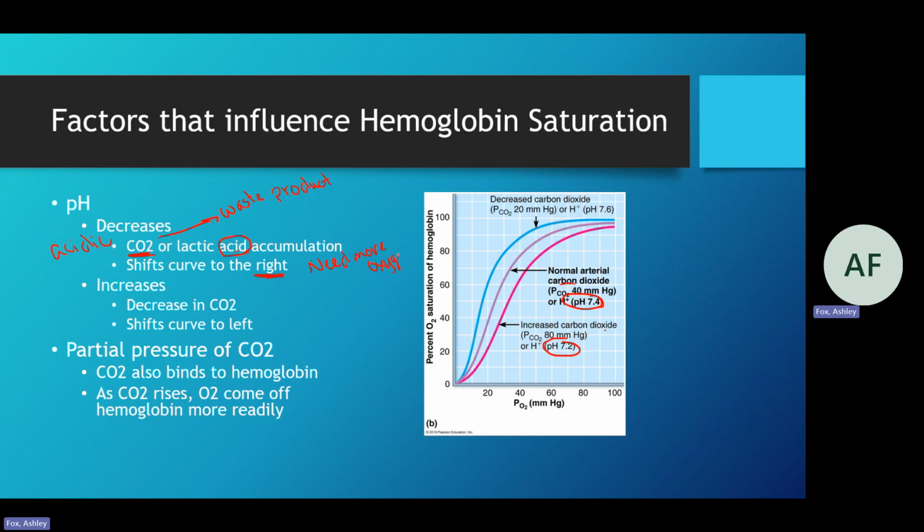So at the same partial pressure of 100 here, there's going to be less oxygen on the hemoglobin because it's going to go to the tissues when you decrease the pH. And then this is normal. If you decrease the amount of carbon dioxide, then you shift the curve to the left, where hemoglobin is going to keep its oxygen more.